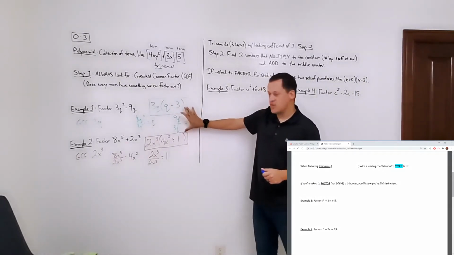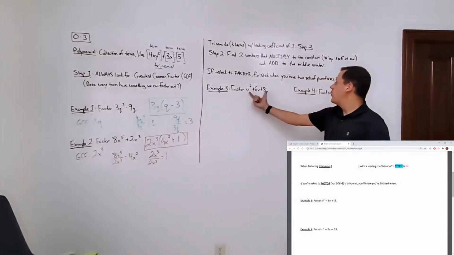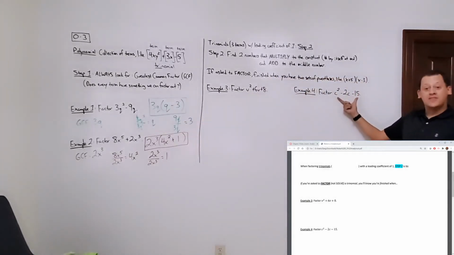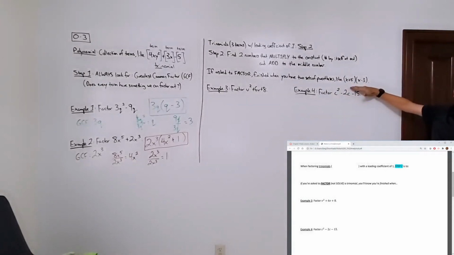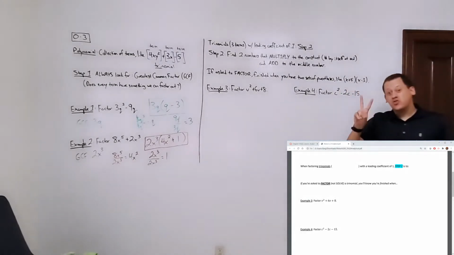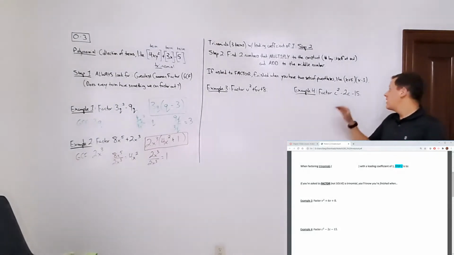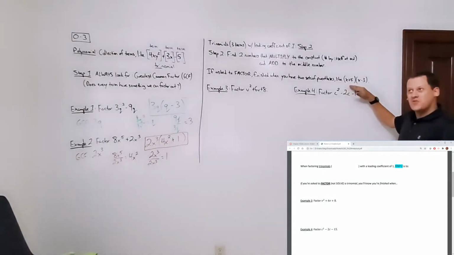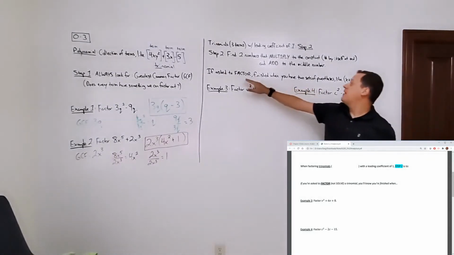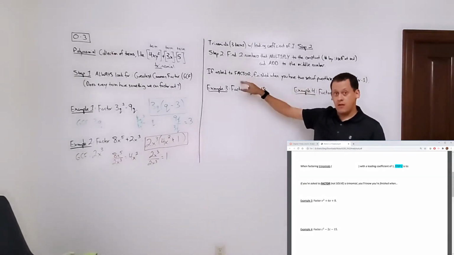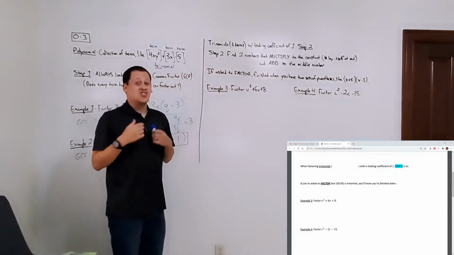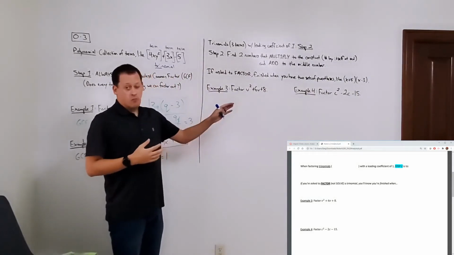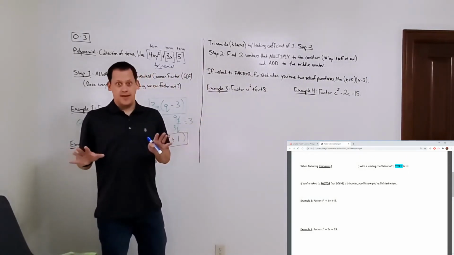Here, this is all we could do. But with trinomials like these, you're going to be done when your answer looks something like this. You're going to have 2 sets of parentheses. And once you're done with it, once you have this, you are done. If you're asked to factor, which is what we're doing now. Okay. If you're asked to solve, you'll still have more work after that, but we're not doing that yet.